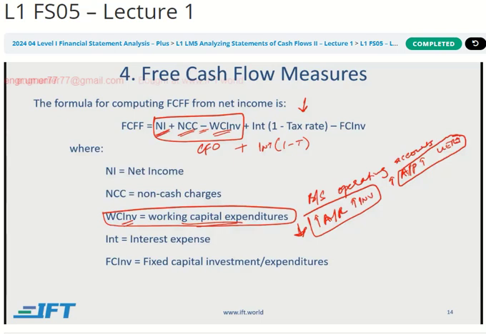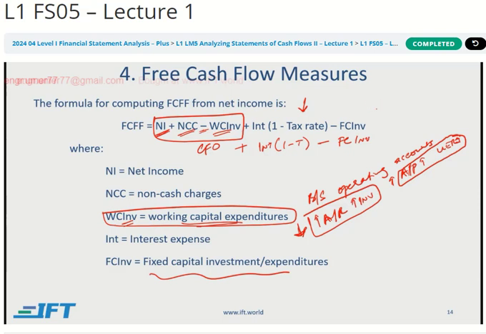So that is why we added back net of tax, and we subtract fixed capital investment. Why? Because this is something that is mandatory for the company to do to maintain their property, plant and equipment if they are to continue in business. So this money is not available for the providers of debt or the providers of equity. This is something the business needs to continue its life, right? So this cash we have to set aside, and this obviously is going to be coming from your cash flow from investing activities.